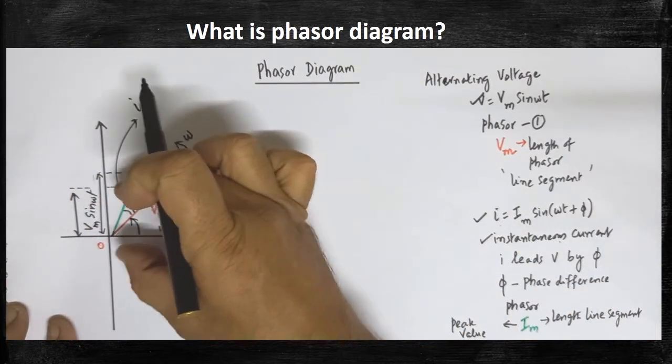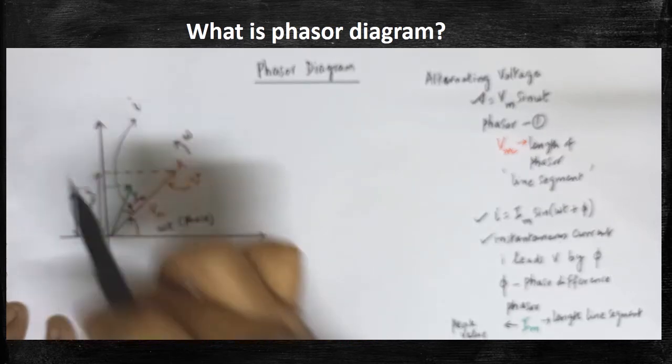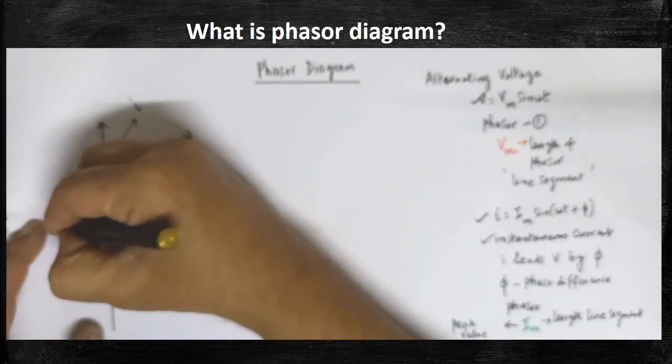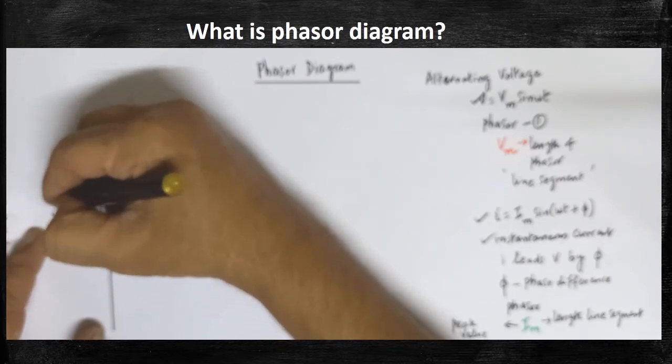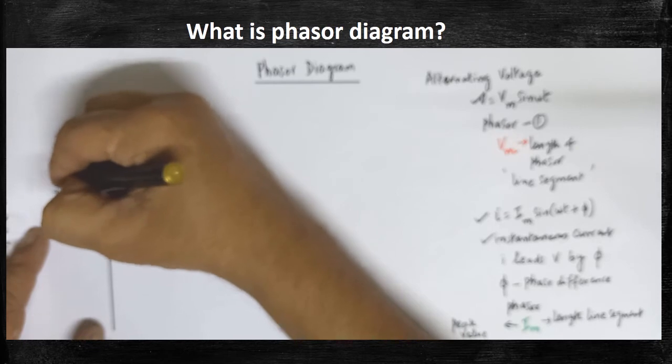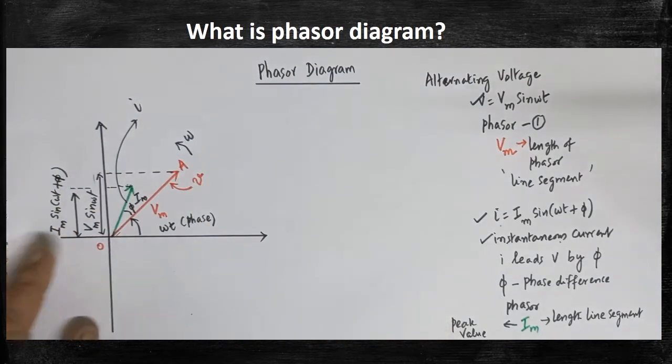This portion is called I. I is equivalent to, here, the same length is obtained here. So I will be equal to Im sin omega t plus phi must be written. Are you clear? So this is the value of I.